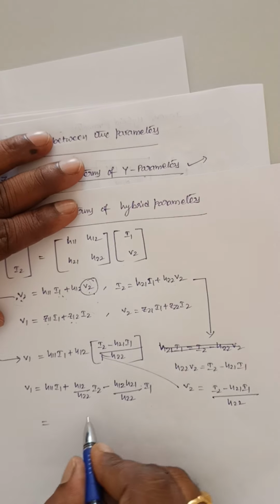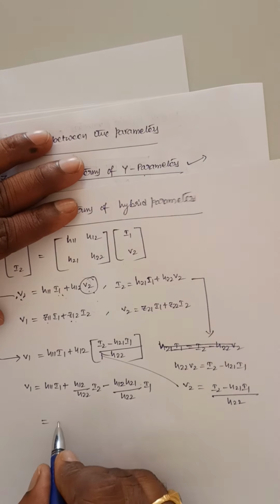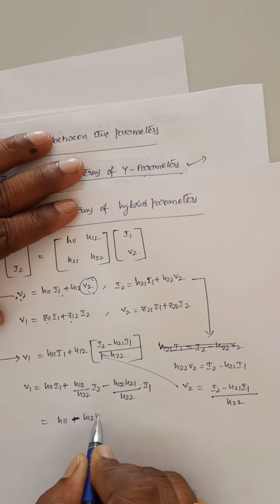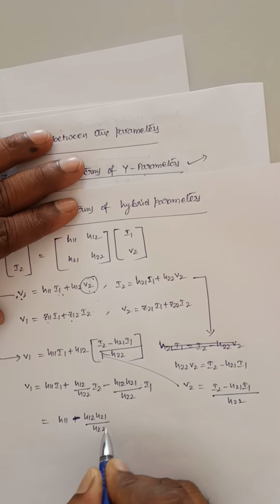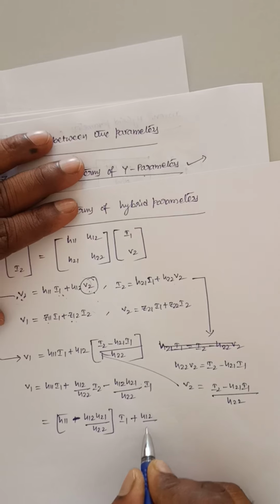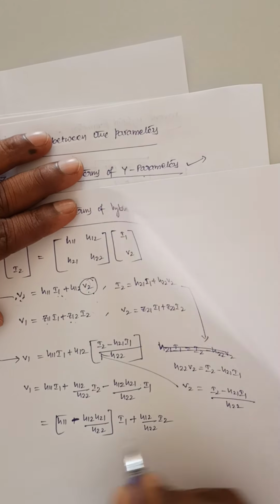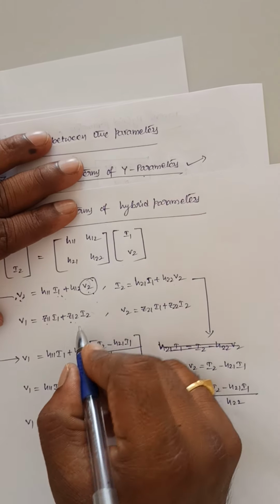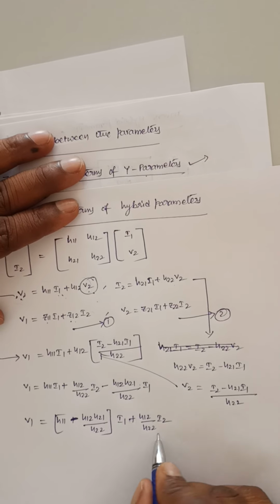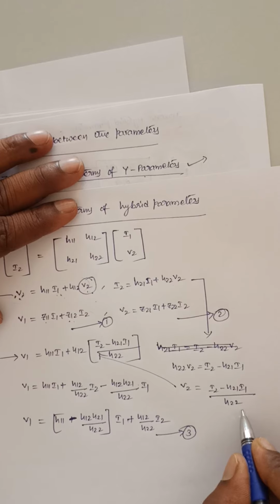So you just take common: H11 minus H12 into H21 divided by H22, into I1, plus H12 divided by H22 into I2. Right? Let us assume this is equation number 3, the earlier one is equation number 1, and the others are equations 2 and 4.